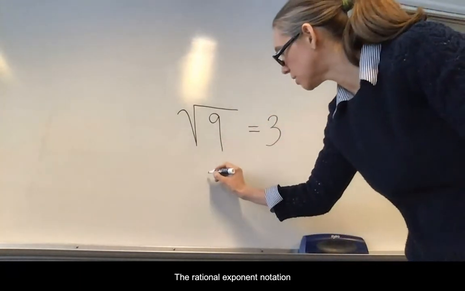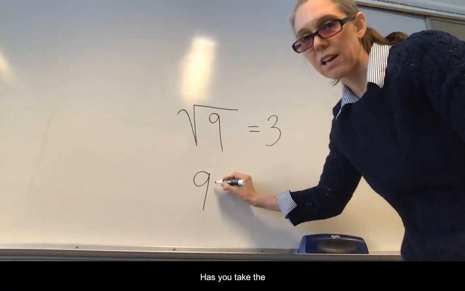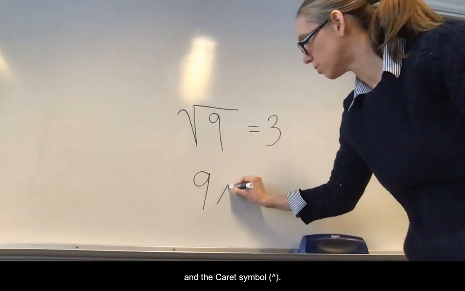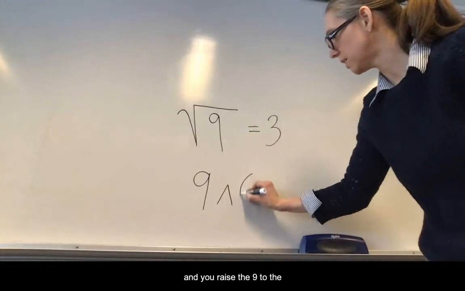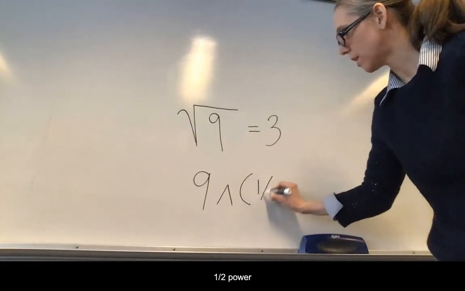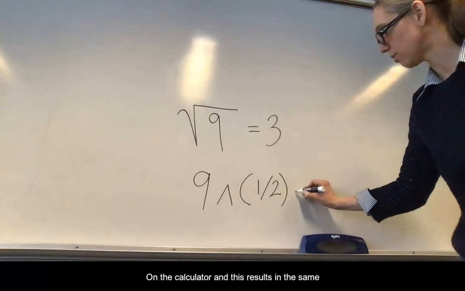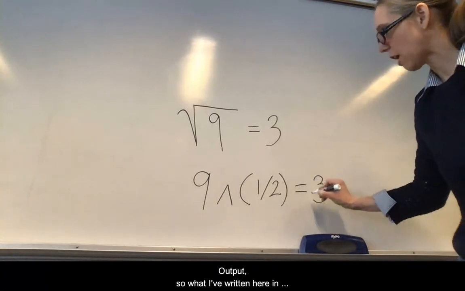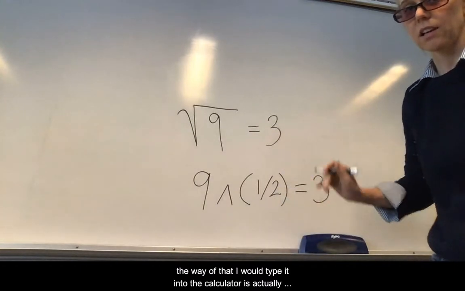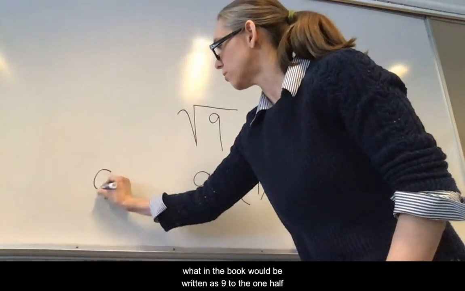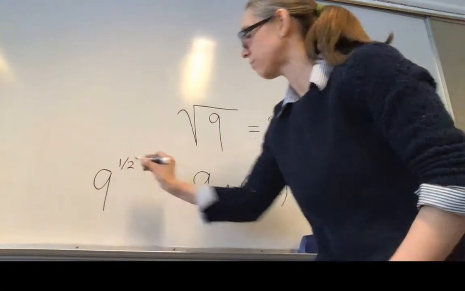The rational exponent notation has you take the 9, use the caret symbol, and raise the 9 to the 1/2 power on the calculator, and this results in the same output. What I've written here in the way that I would type it into the calculator is what in the book would be written as 9 to the 1/2 power.